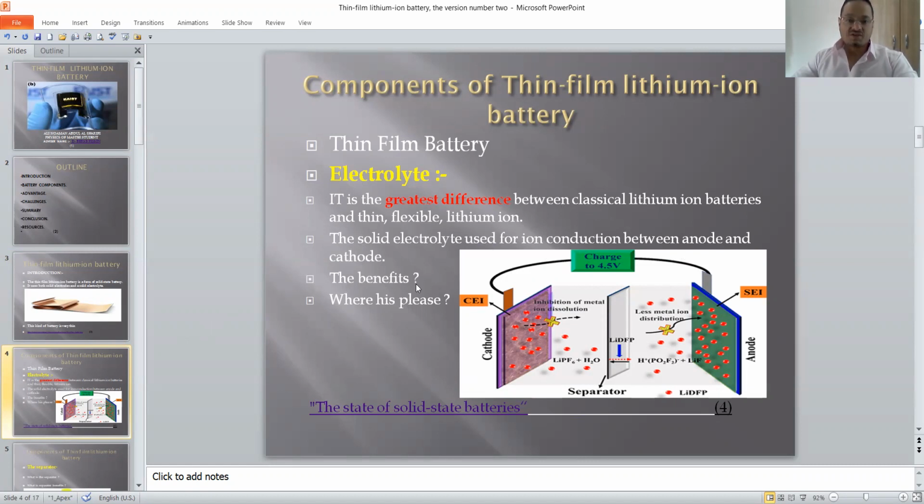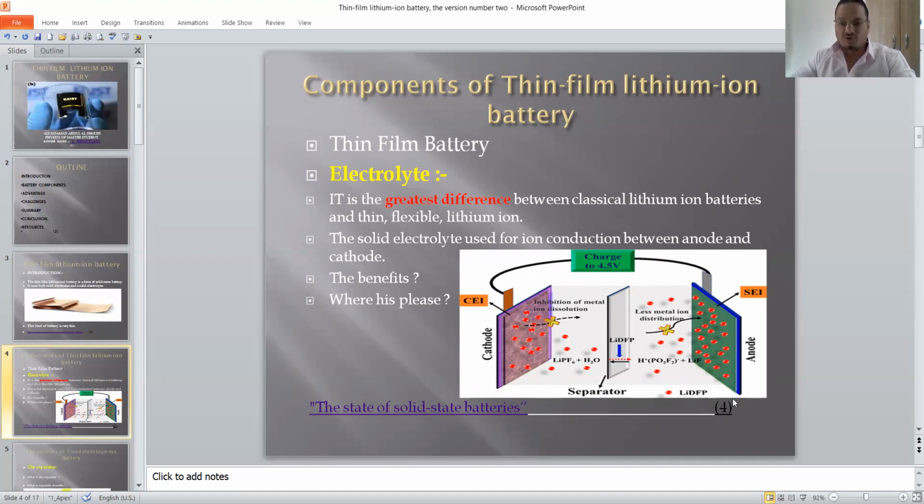Let's go directly to what its job is. Its job is actually to prevent the direct spark between anode and cathode. Because anyone knows, if we face a spark between the cathode, negative charge, and positive charge, the system will explode.